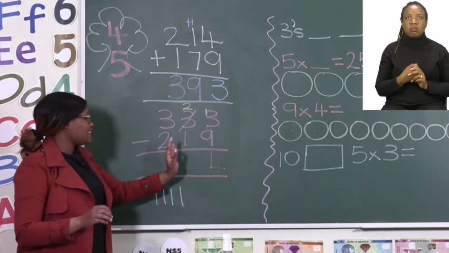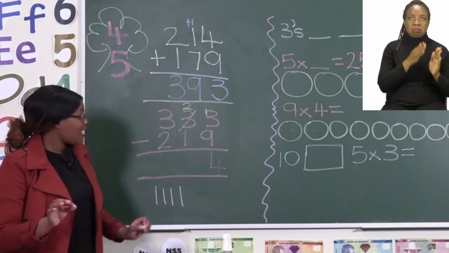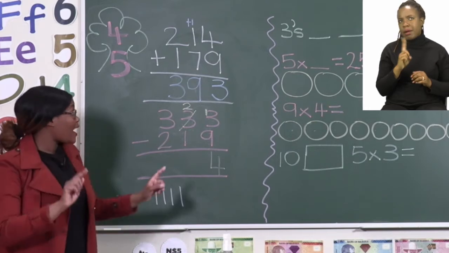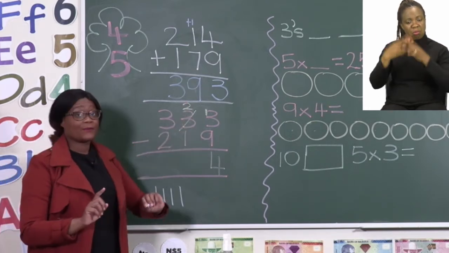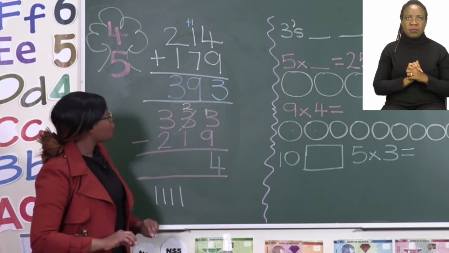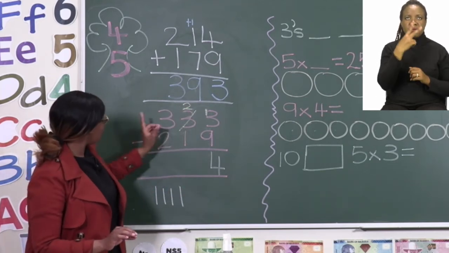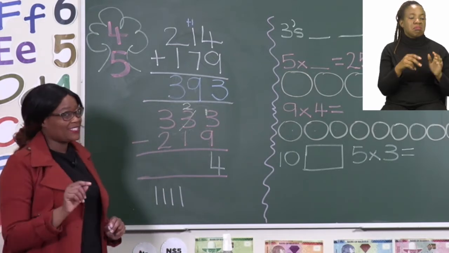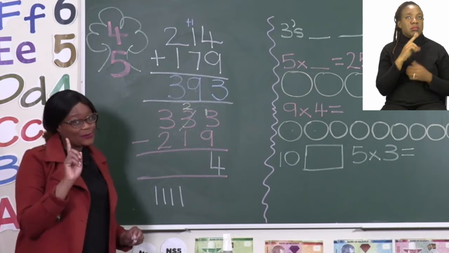Then we move on to the next one. Instead of saying 3 minus 1, we need to remember that we took 1 from 3. So now it is a 2. So we say 2 minus 1. And 2 minus 1, boys and girls, we definitely know is 1.